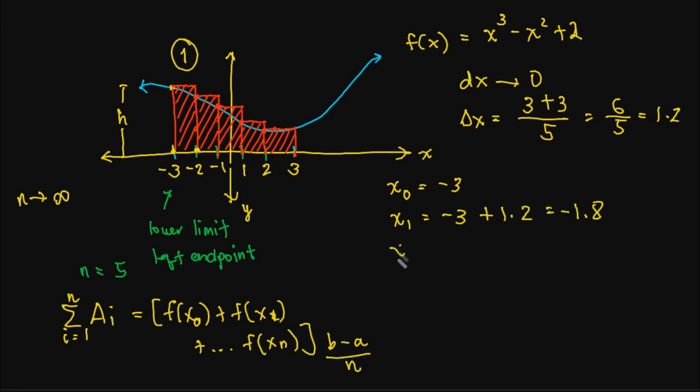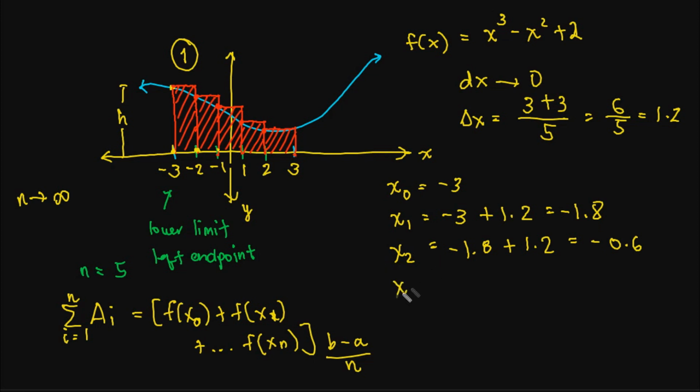Okay, how about x sub 2? So we're moving from left to right na. So this is negative 1.8. So how about this one? So you have to add again negative 1.8 plus 1.2. So this, I think, gives you a value of negative 0.6. Okay, so negative 0.6.